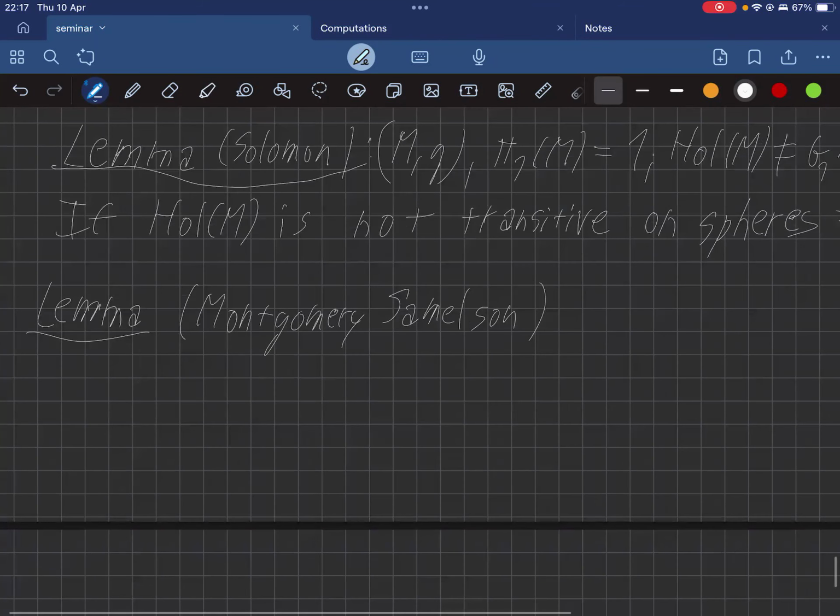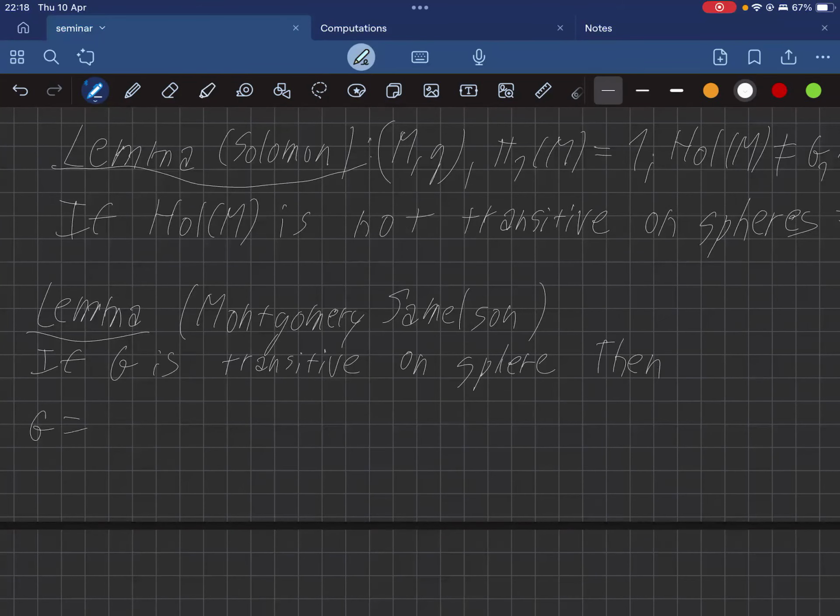So essentially, what Montgomery and Samuelson did, they gave you the list of all possible groups that are transitive on spheres. So if G is transitive on sphere, then G is one of the following.